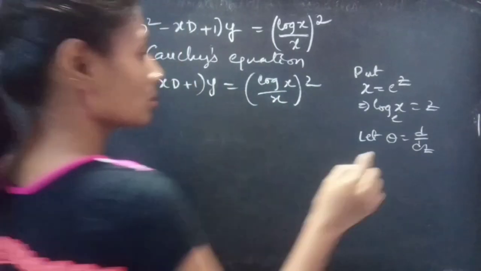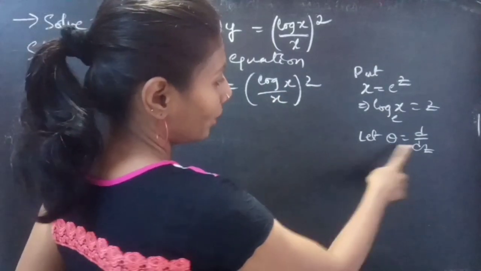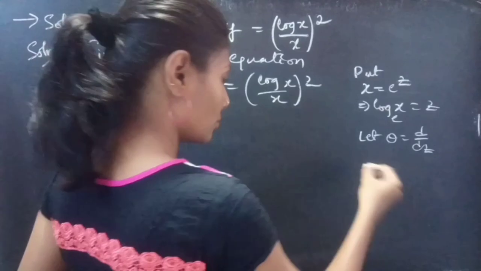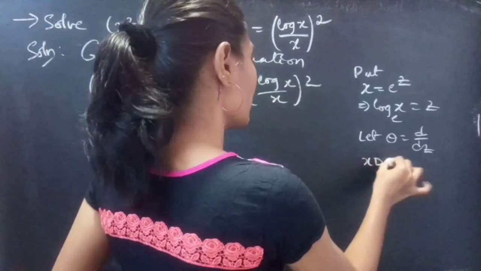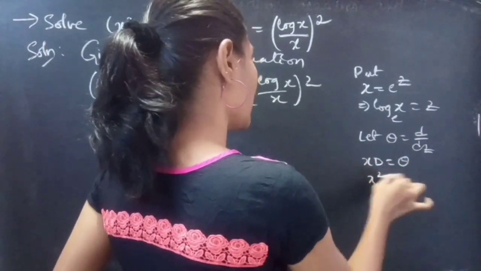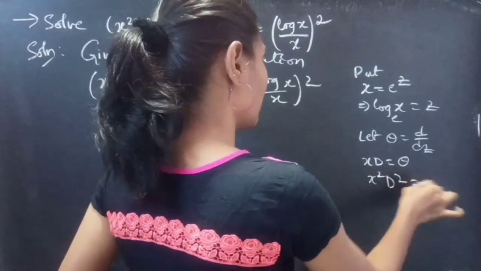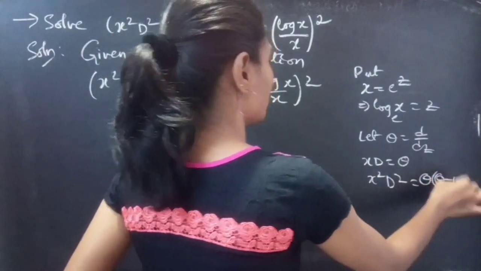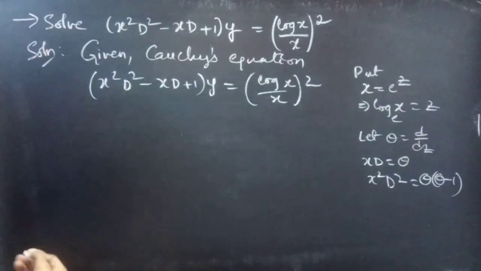Theta is a differential operator whose independent variable is z. Okay, we'll replace xD by theta and x square D square by theta into theta minus 1. Let's make the substitution now.